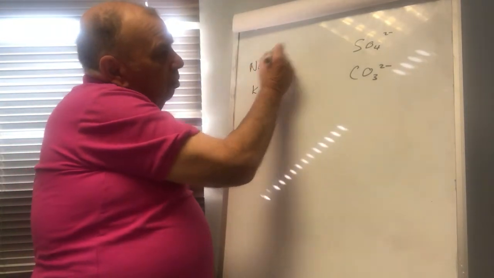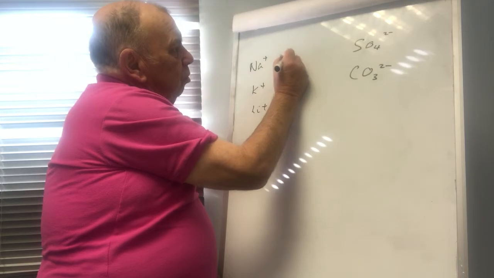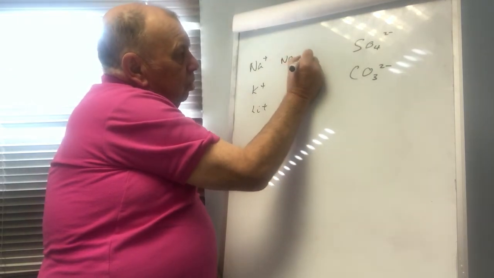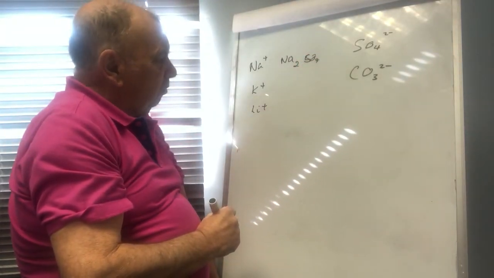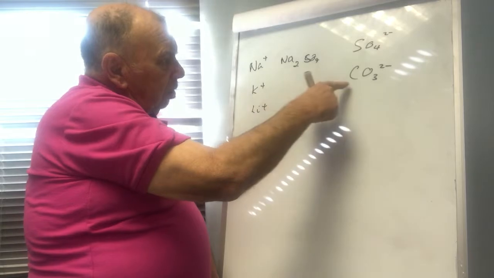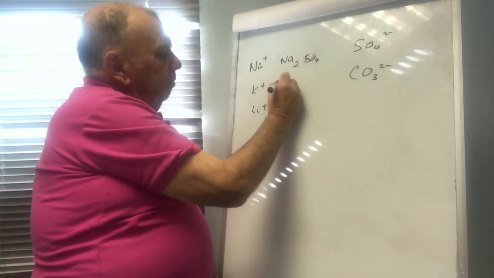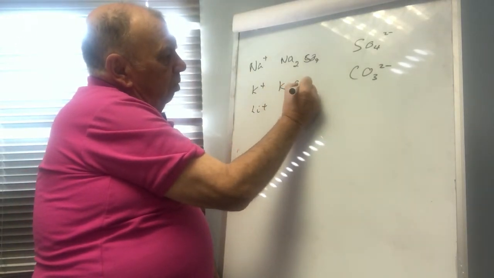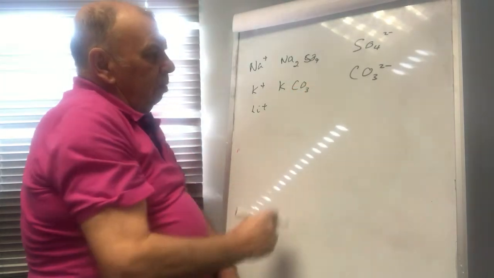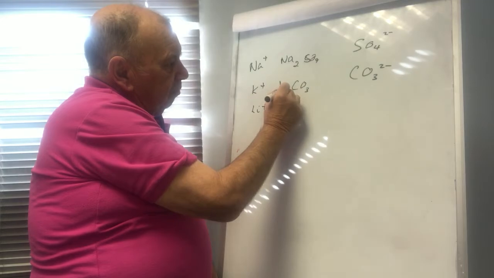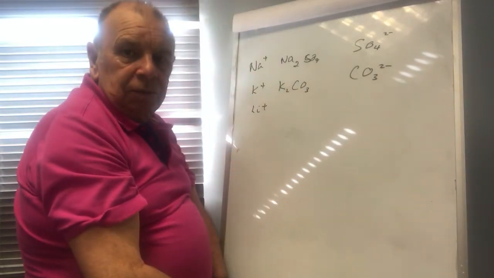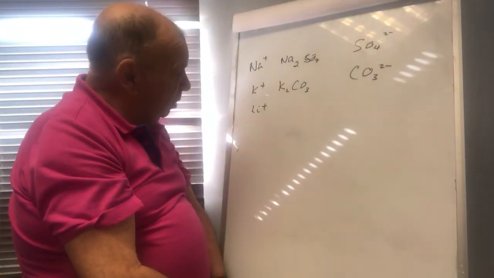This is 1, that is 2, therefore sodium sulfate needs 2 to balance it up. What's the formula of potassium carbonate? KCO3, but this time that is 1 and that is 2, therefore it needs 2 potassiums to balance it up.